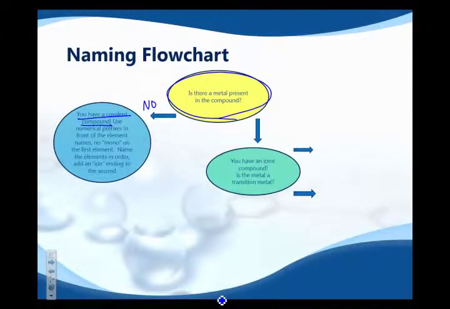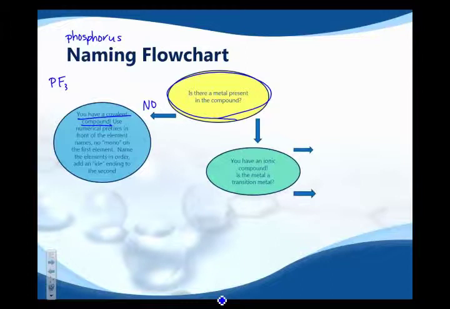So you name the elements in the order that they're listed, and you add an -ide ending to the second element. So for instance, if we had, let's say, PF3, first we'd check and see, oh yeah, two nonmetals, and so we would name this as phosphorus, making sure to spell the element names correctly so that we get full credit on our assessment.